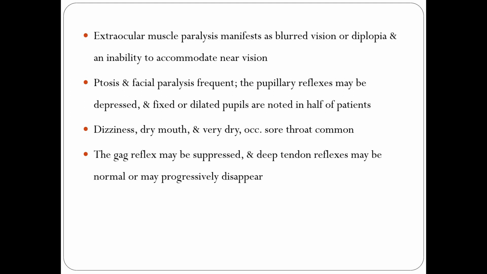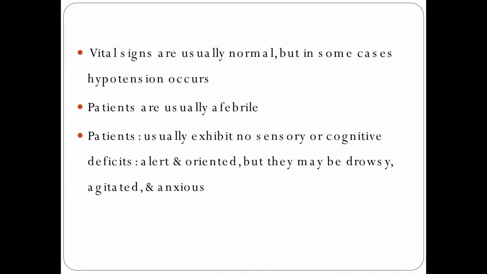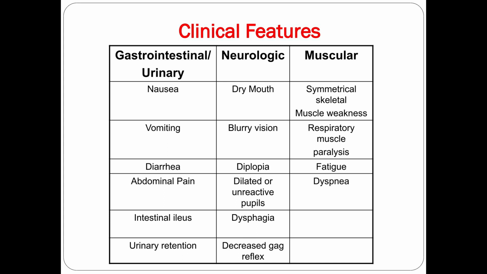Loss of gag reflex as well. Muscle weakness, respiratory muscle paralysis, fatigue, and dyspnea can also be seen. And it can also cause cardiac or respiratory arrest because it causes flaccid paralysis.